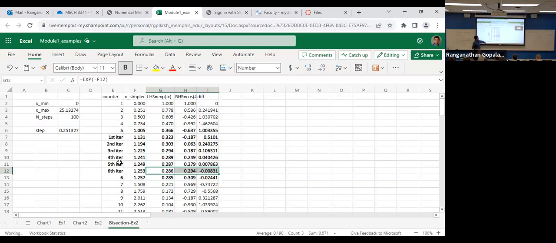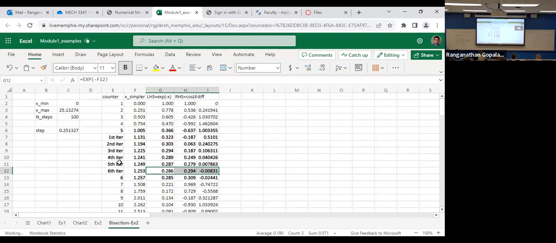which will you call as your root? Is it this or is it this? Sorry? Fifth or sixth? Fifth. So if our criterion was to minimize, we can write the statement two ways.